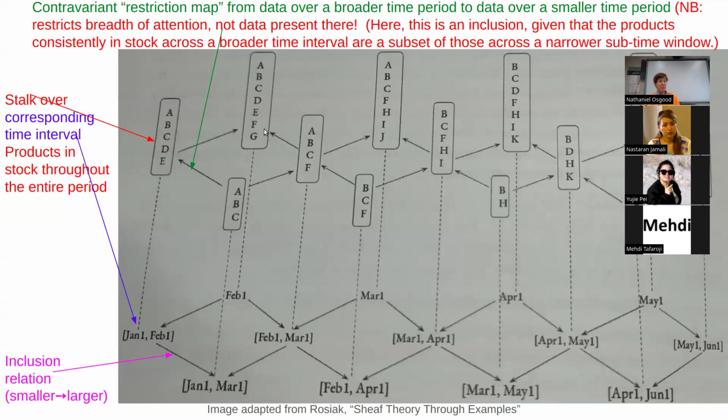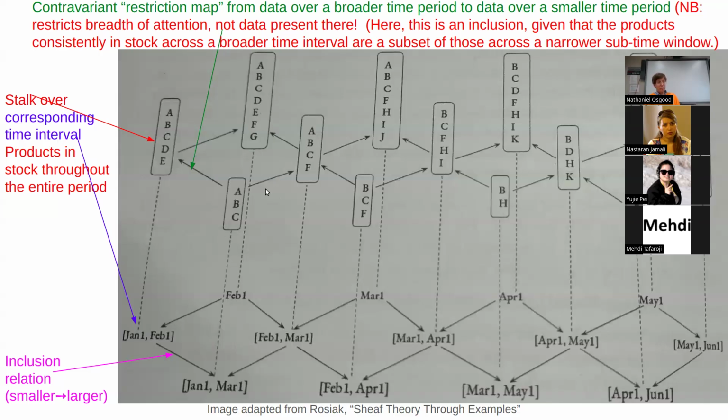But this is a functor that maps up to the stalks. So that means that this square, so to speak, commutes. This parallelogram commutes. This diagram commutes. So if I consider A's relation to the A in this broader interval here, and then map it up, this is the broadest interval of all.